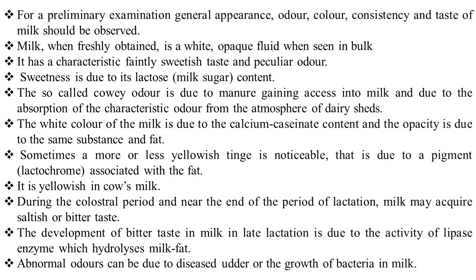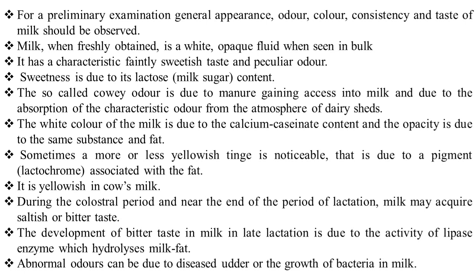It is yellowish in cow's milk. During the colostral period and near the end of the period of lactation, milk may acquire a saltish or bitter taste. The development of bitter taste in milk in late lactation is due to the activity of lipase enzyme, which hydrolyzes milk fat.